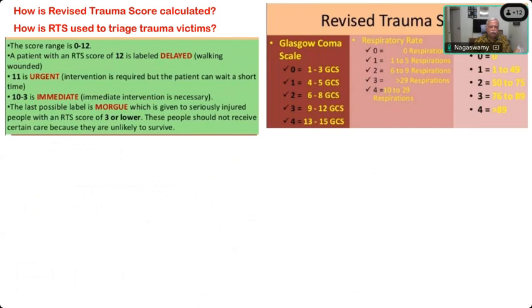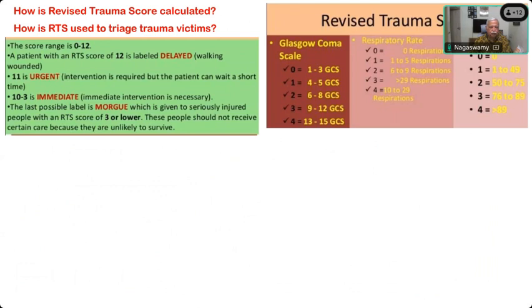He will receive the least attention. He is a stable patient. 11 is urgent. Intervention is required, but the patient can wait a short time. A score between 3 and 10 requires immediate medical intervention. And the last possible label is given to a seriously injured patient with a score of 3 or lower. That means he is definitely going to die.